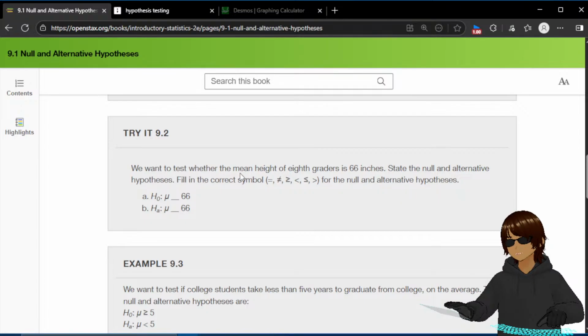We want to test whether the mean height of 8th graders is 66 inches. State the null and alternative hypotheses. So the null hypothesis is that the mean is equal to 66, and the alternative is that the mean is not equal to 66.